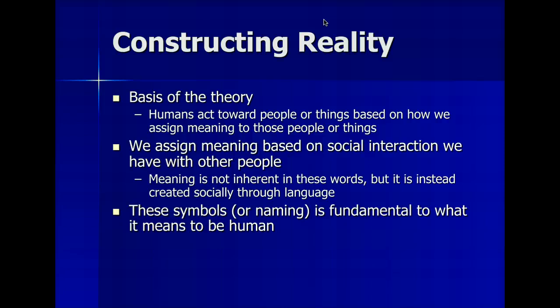This theory argues that's really one of the things that separates us from animals, is this ability to name. And the symbolic interactionism point sometimes they use as a metaphor for talking about the importance of this, back to the Genesis creation story, when one of the first tasks given to people was to name things.